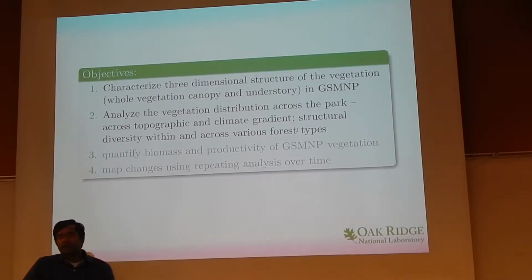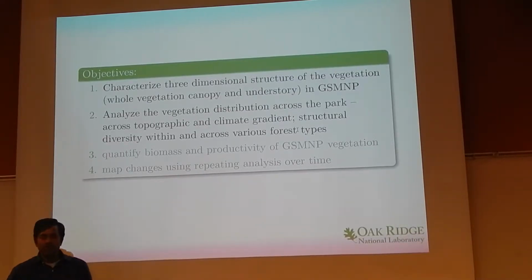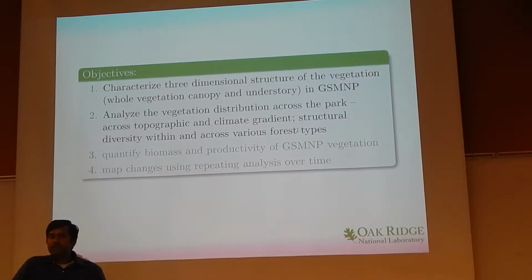And because LiDAR data sets are fairly complicated and large in size, they're difficult to work with at times, and people try to derive these LiDAR-based metrics for vegetation. What we wanted to do in our work was look at all the point cloud data sets and try to use the 3-dimensional structure that we are able to get from these LiDAR returns.